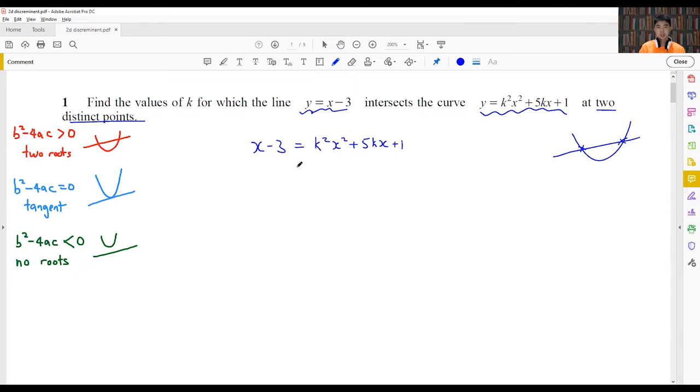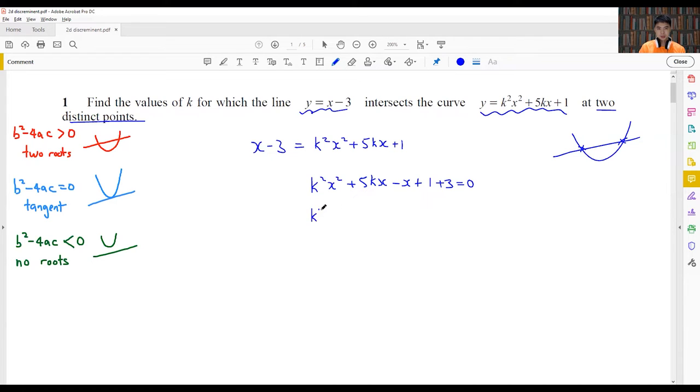From here, we need to equate the equation to 0, meaning we move everything from the left to the right. k squared x squared plus 5kx minus x, which is from here, okay, plus 1 plus 3. Now that we have this equation equal to 0, we will factorize out the x so that we can identify in our quadratic equation the a, b, and c properly.